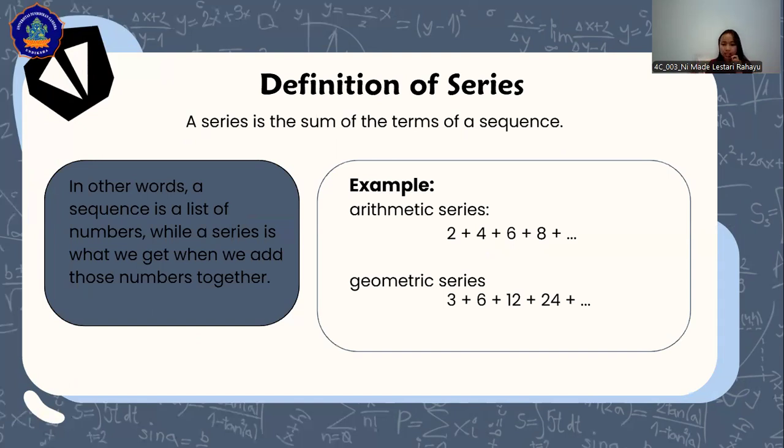For example, we have an arithmetic series like 2 plus 4 plus 6 plus 8 and so on. And a geometric series like 3 plus 6 plus 12 plus 24. So this is an example of a series. For a more complete discussion, see the next slide.